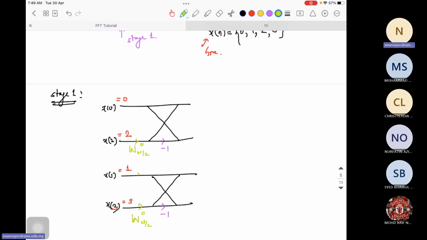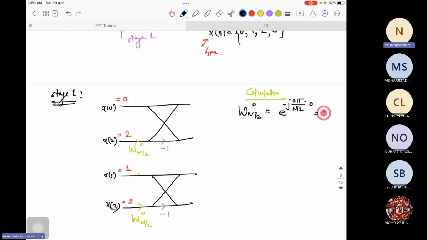So in the calculation part, find W n by 2 to the power 0. Can you give me the value for W n by 2 to the power 0? It is e to the power minus j 2 pi by n by 2 into 0.